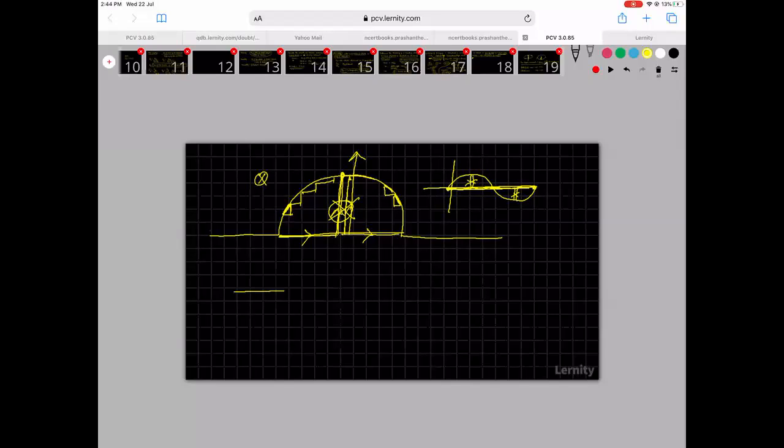Suppose there is a bent wire like this. I just have to join these two. So the force on this bent part is equal to the force on this straight part. Alternatively, I can even break it into two parts, a straight part going to the center and then coming back. The same logic I'll apply.